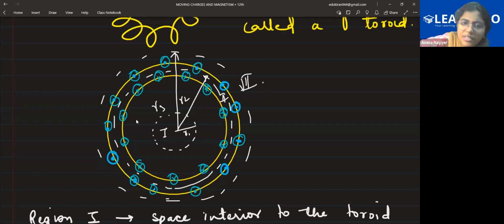Here also, in the first region, inside this circle, a hollow empty circle is just present. Inside the circle, what will be there? Suppose this is the copper wire and you turn it like this. Within this portion, in this region, you have nothing, right?